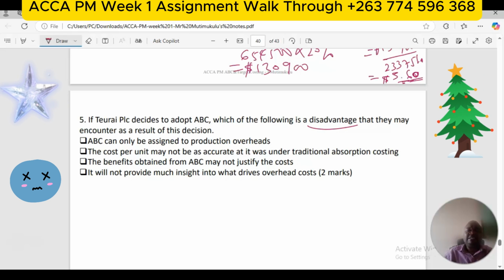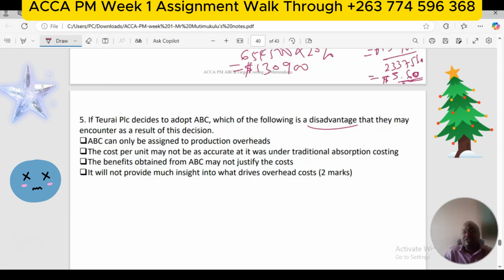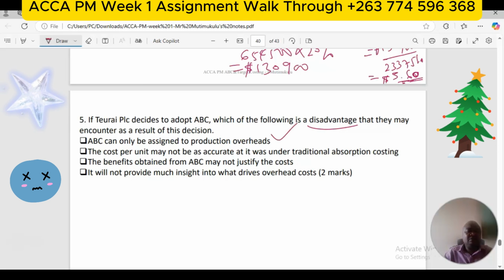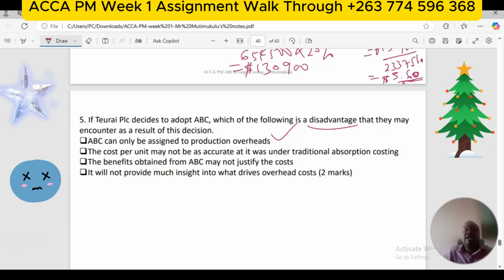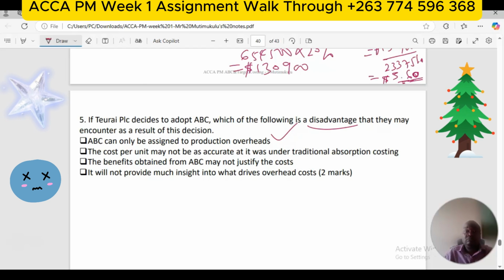ABC can only be assigned to production overhead. This one is actually wrong. ABC can be utilized for non-production overheads as well.